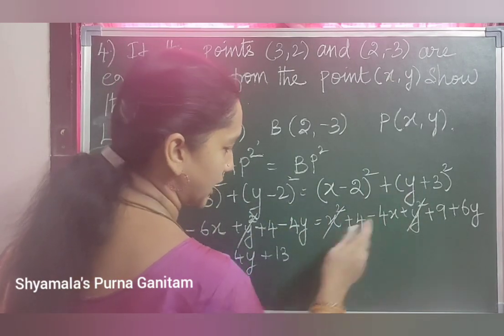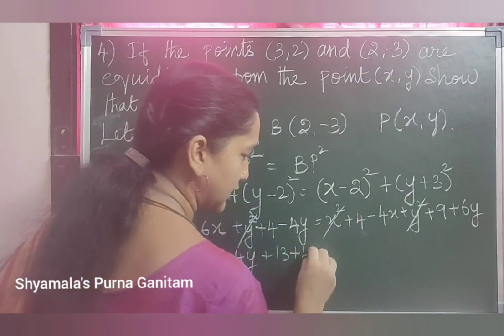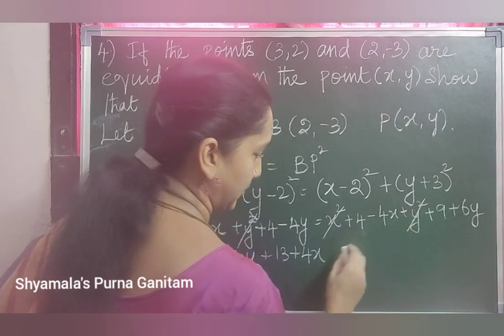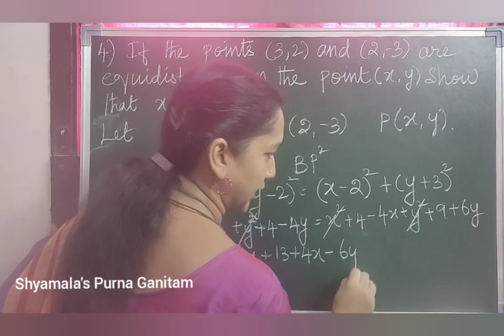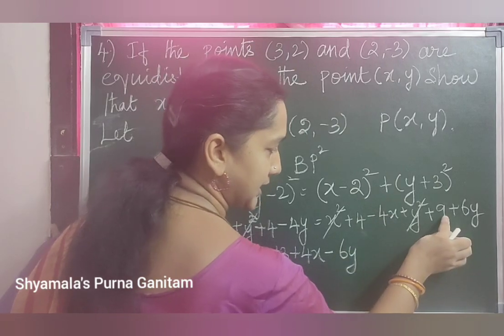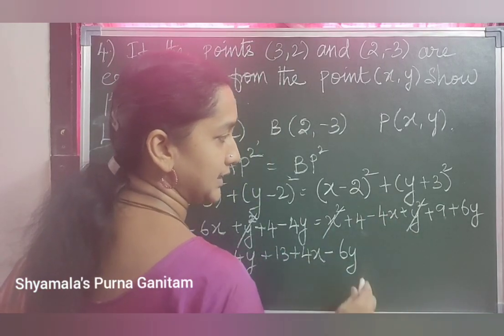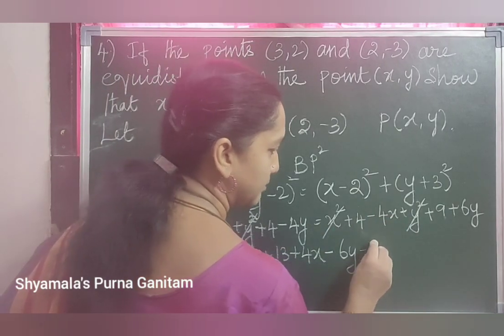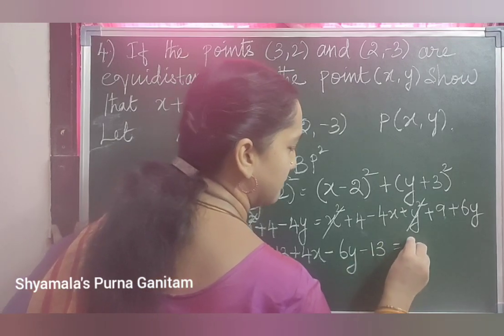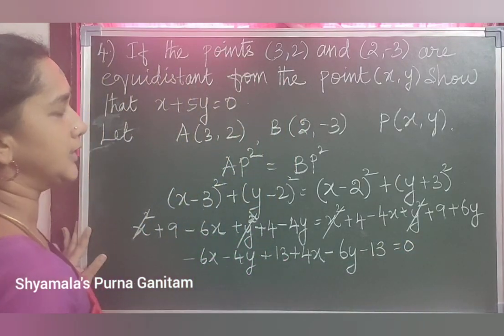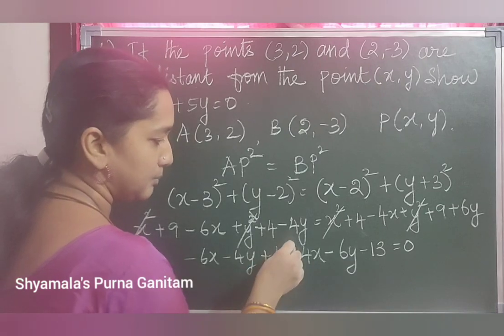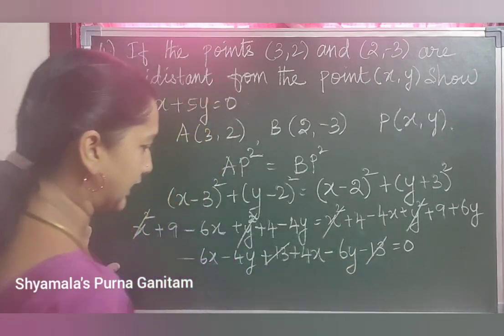So minus 4x will become plus 4x and plus 6y becomes minus 6y, and plus 4 plus 9 is 13, plus 13. When I am bringing it to LHS, it will become minus 13 is equal to 0. Okay, so here plus 13 and minus 13 will get cancelled.